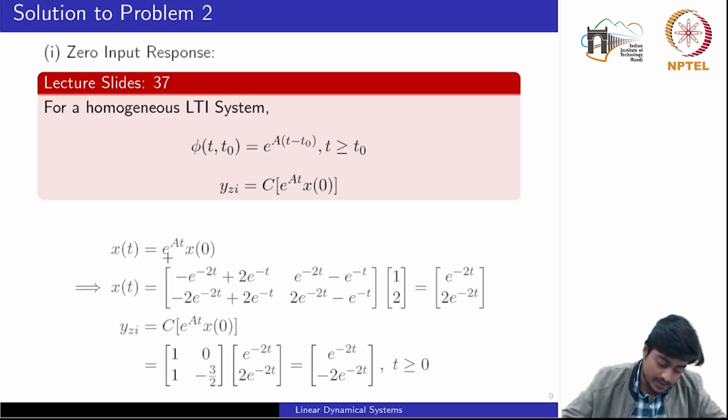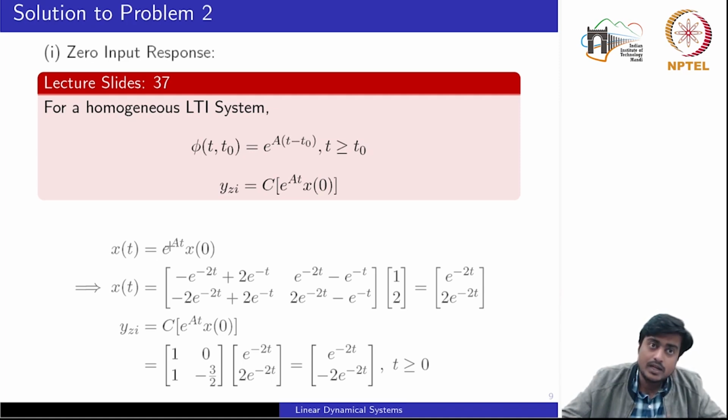If you have any difficulties in computing the exponential matrix, there are a couple of ways to compute it. The first method is to use the Cayley-Hamilton theorem. The second way, since we are dealing with LTI systems, is to use Laplace transforms to compute e to the power At.